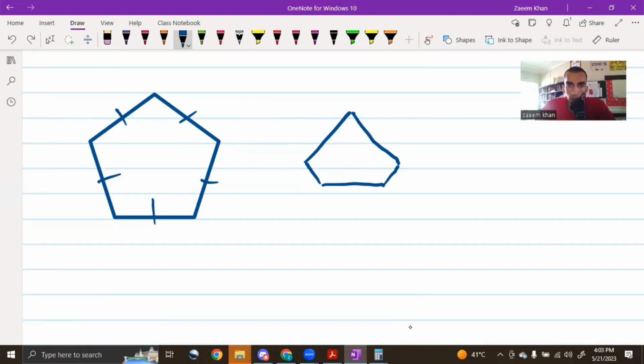No, because the sides are not equal to each other. If this length is 10, I can say for sure this is also 10, this is also 10, and this is also 10, and so on. But if this is 10, this side is surely not 10, right?